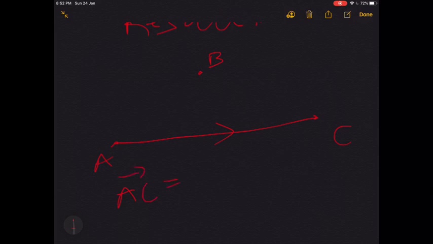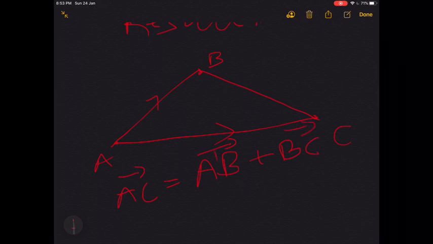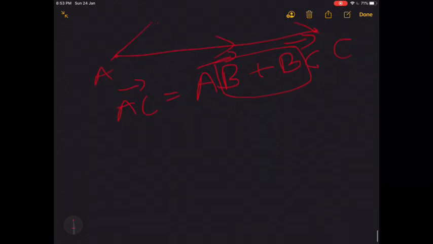Another way you can embark on this journey is by moving from A to B, and you add on to your journey the distance from B to C. This is a very simple way of understanding vectors. Always make sure you have 2 inner points being the same.